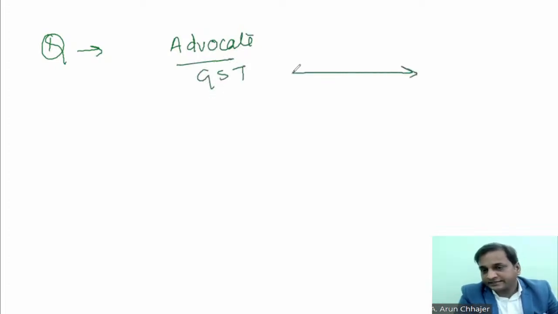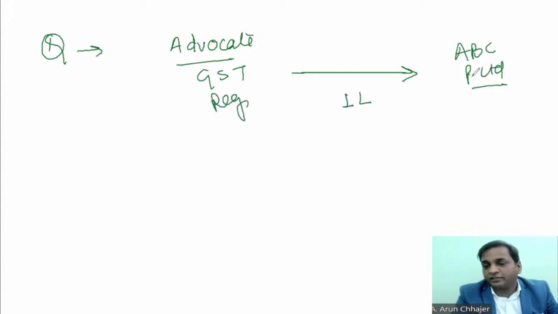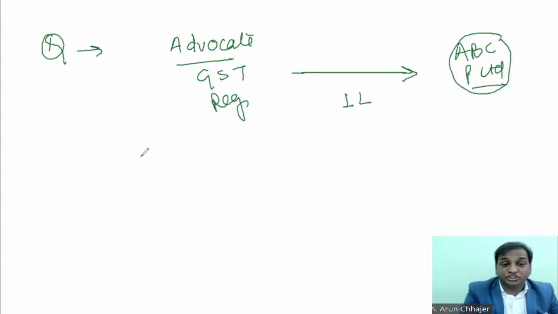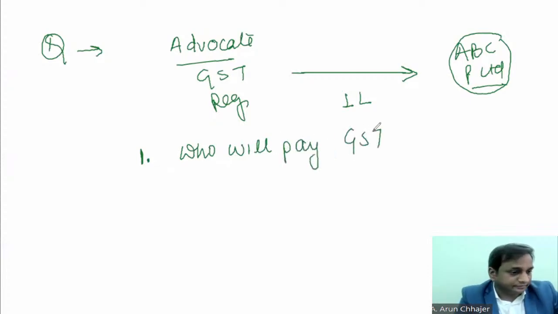He is making a supply worth rupees 1 lakh to ABC Private Limited. Question number 1, who will pay the GST?